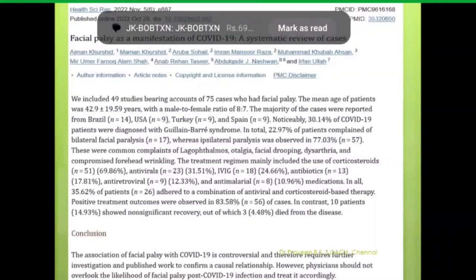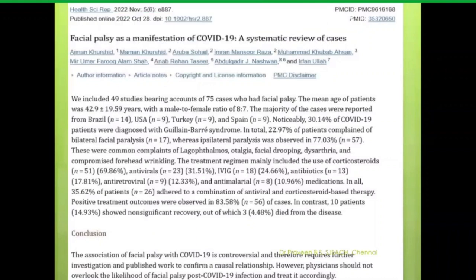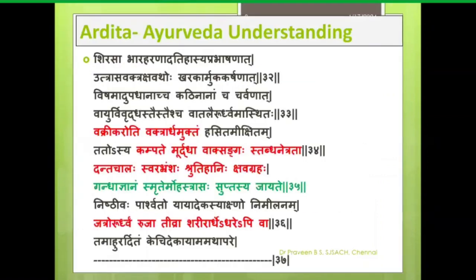One among that is COVID-19. After COVID-19, there are so many people who had issues related to the heart and the cerebrovascular system. One among that is ardita, or facial paralysis.